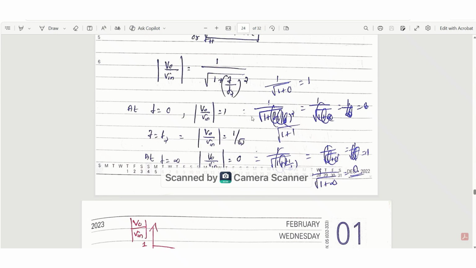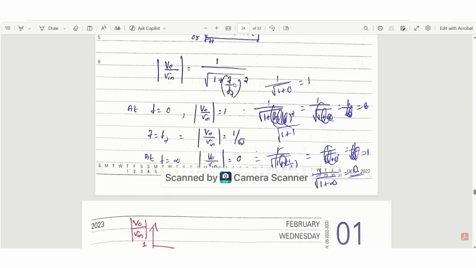At frequency 0, we are getting gain as 1 divided by 1 plus 0 divided by f2, which means 0, so 1 by 1 means 1. F equal to f2 means 1 by square root of 1 plus 1, that is square root of 2.